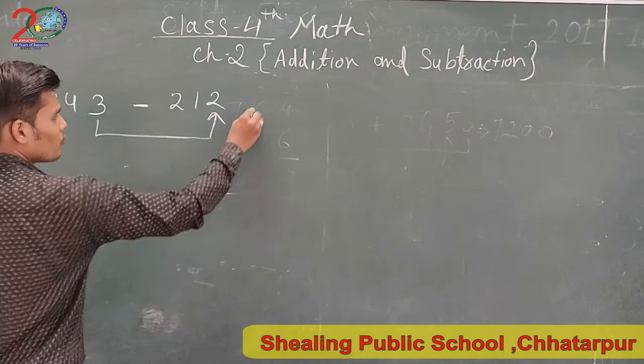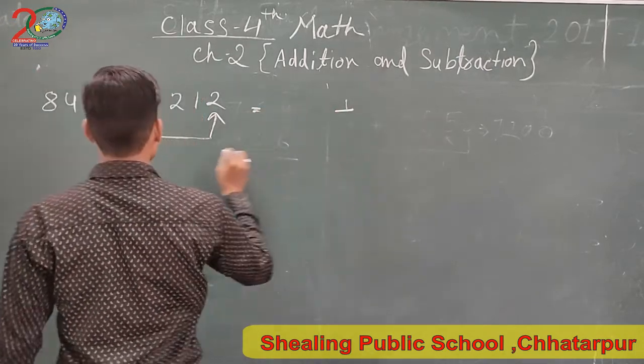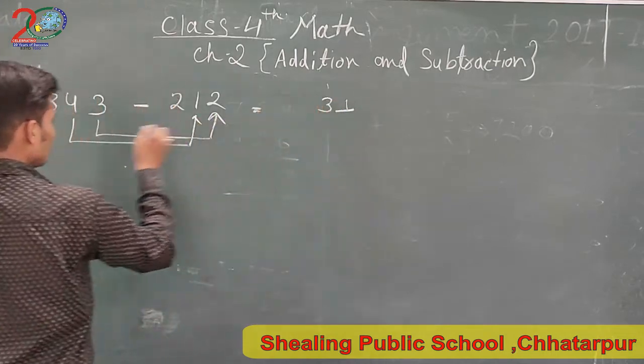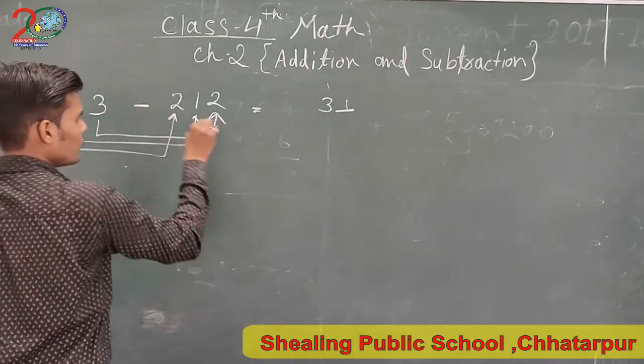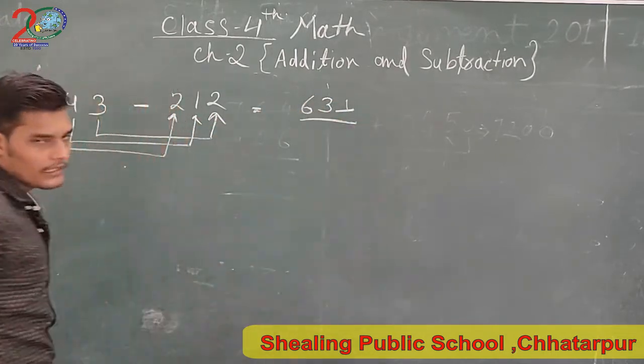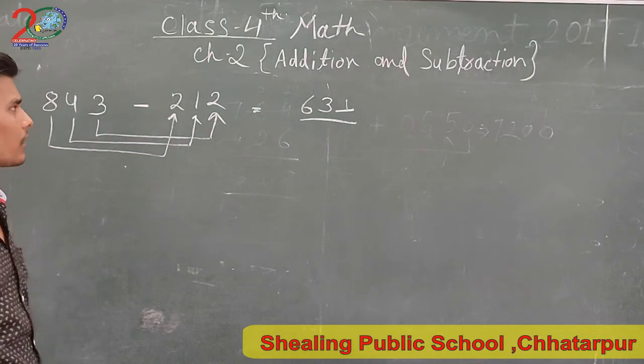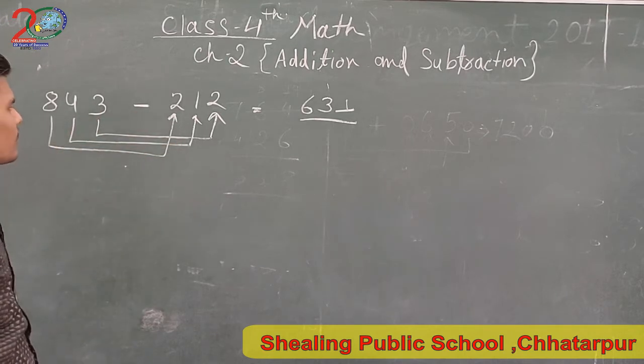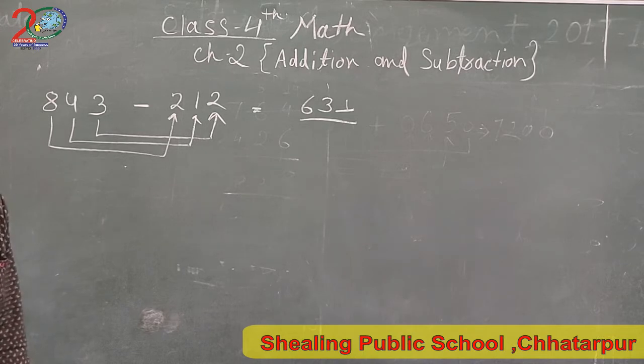Subtract by 2. So how much? 1. Then 4 subtract by 1. So how much? 3. And 8 subtract by 2. 631 like this. Okay? Like addition, that we solved the addition, like this we solve the subtraction in a horizontal form. Now nearest of subtractions. Okay. What is the nearest of subtractions?